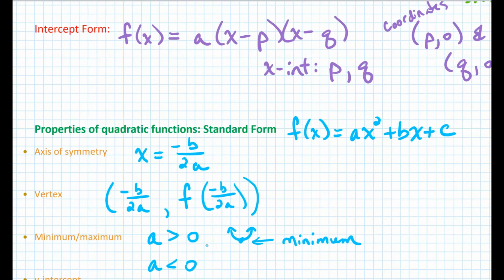So when a is greater than 0, there's a minimum, because the parabola will open upward. And if a is negative or less than 0, that means it opens downward. And instead of a minimum, we have a maximum. And that maximum occurs at the vertex, or the y value. So f of negative b over 2a is going to be your maximum or minimum.